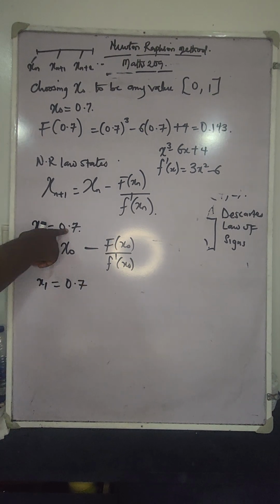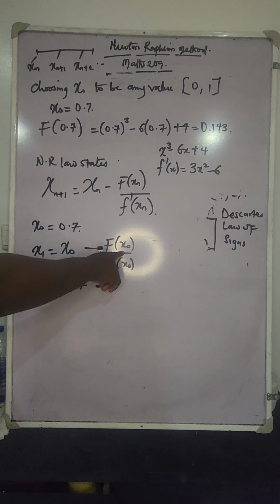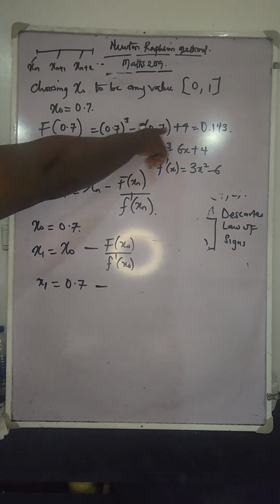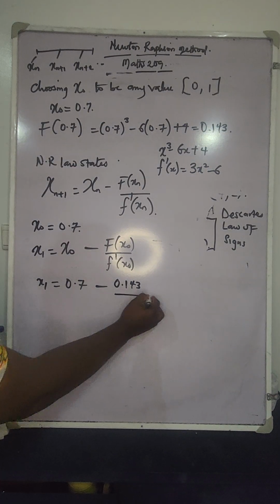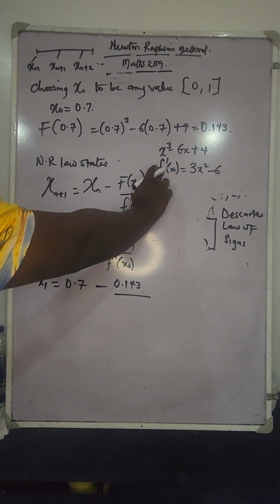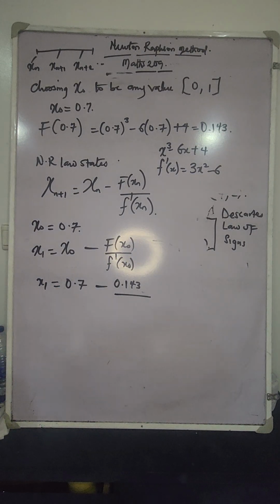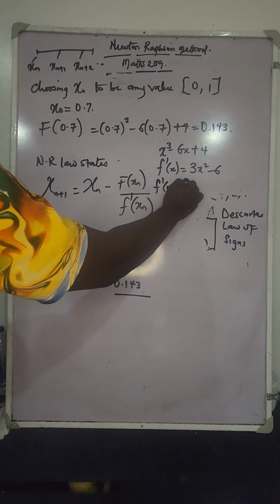0.7, since our x0 is 0.7, minus, what is f of x0? Remember, we have done f of x0 to be 0.143, so 0.143 divided by, what is the differential? Whenever we differentiate this function, f prime of x is 3x squared minus 6. So what will be f prime of 0.7?